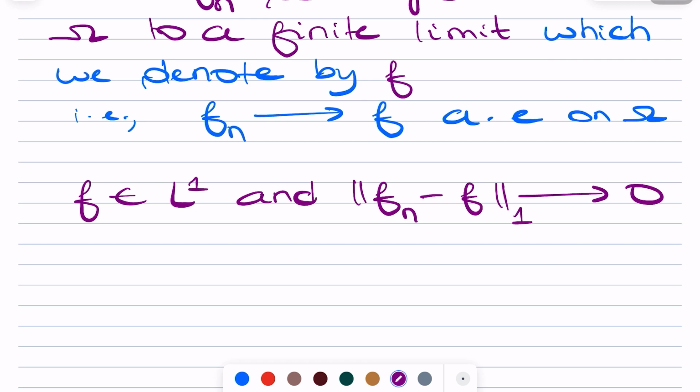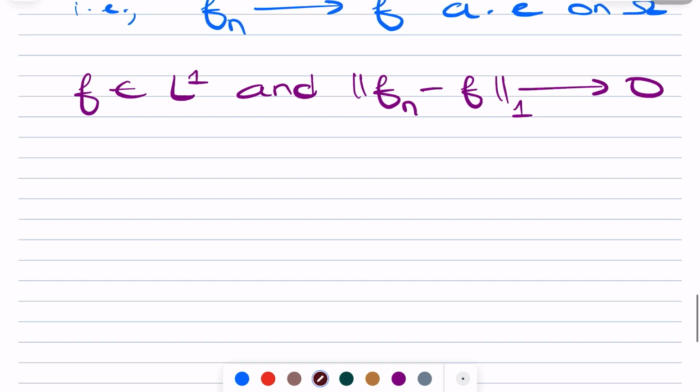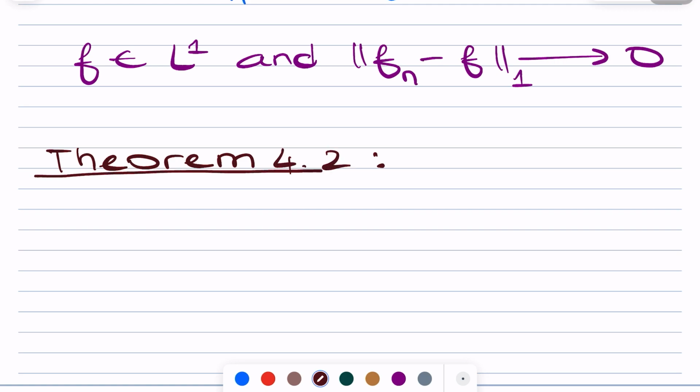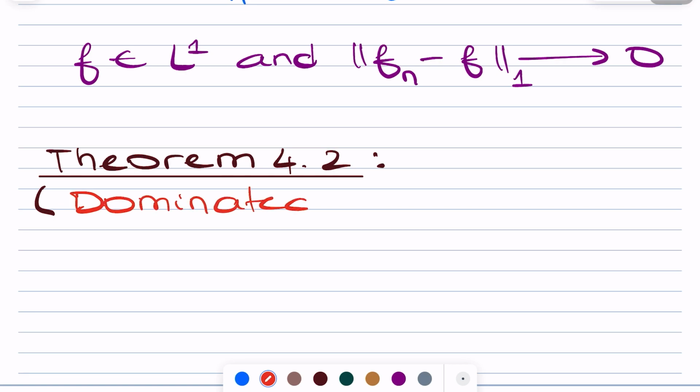Okay, so a similar theorem is known as the dominated convergence theorem, theorem 4.2.